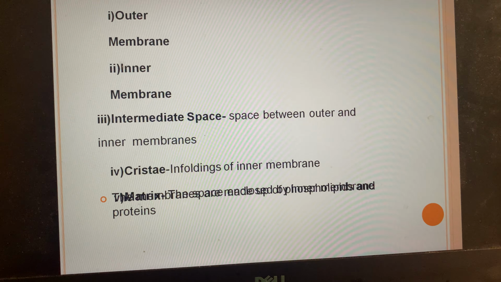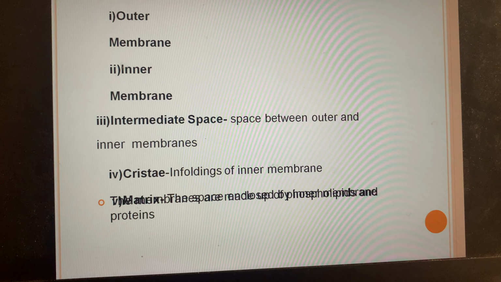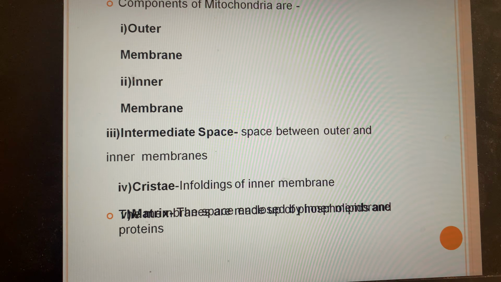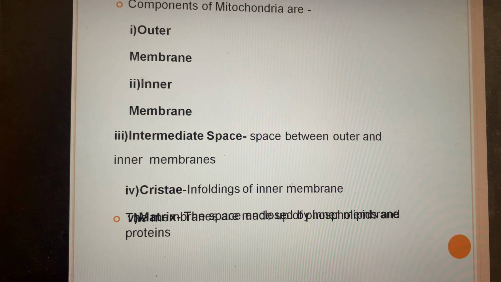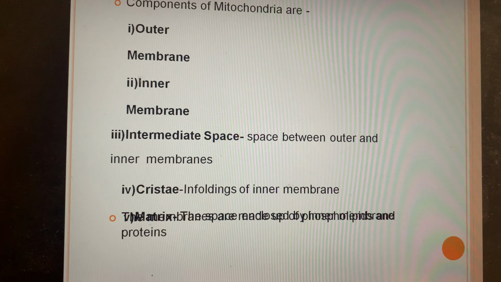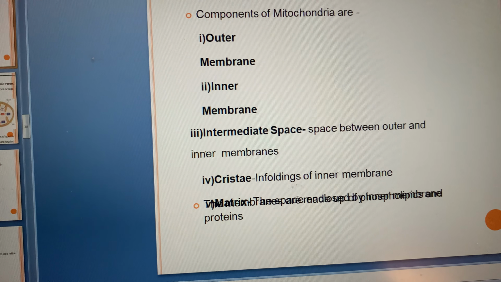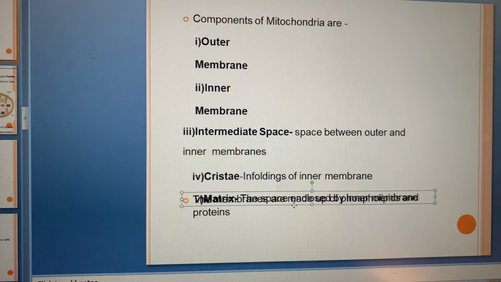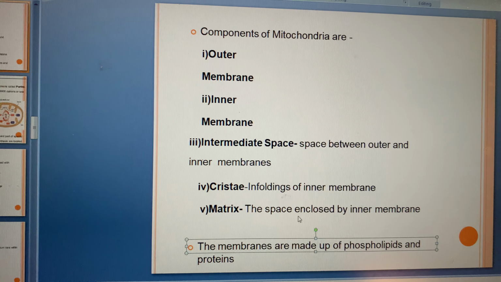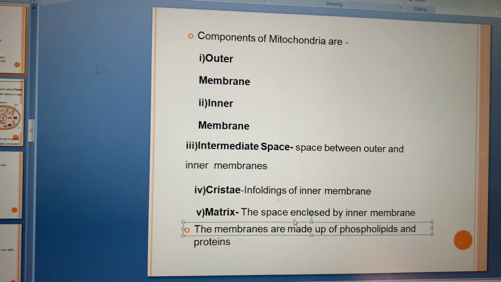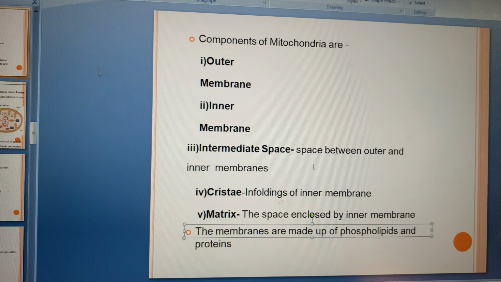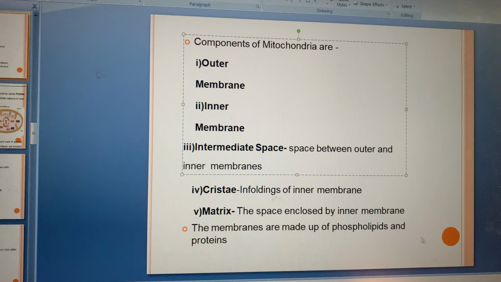There is an intermediate space between the outer and inner membrane. Cristae are the foldings of the inner membrane. The space enclosed by the inner membrane is called the matrix.